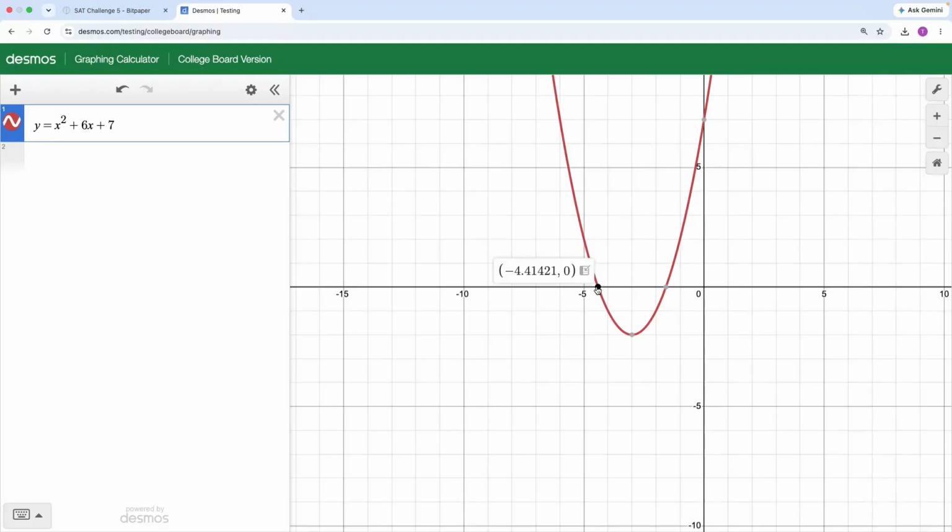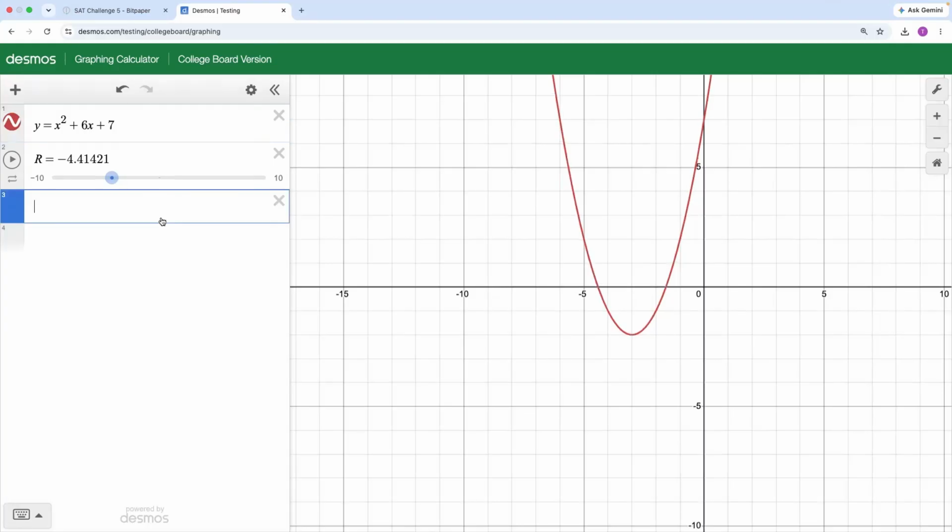The left intercept is approximately negative 4.41, so I'll store that as r. And the right intercept is approximately negative 1.58. I'll store that as s.